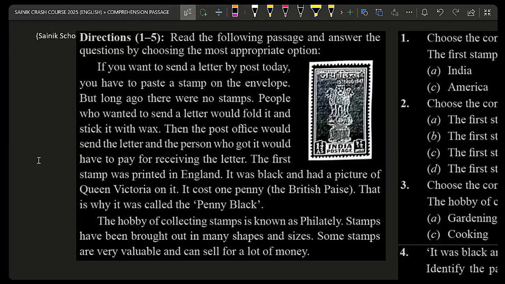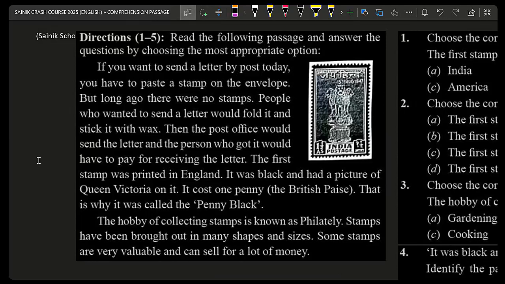It was black and had a picture of Queen Victoria on it. It cost one penny, the British penny.